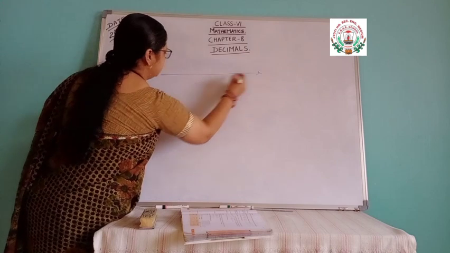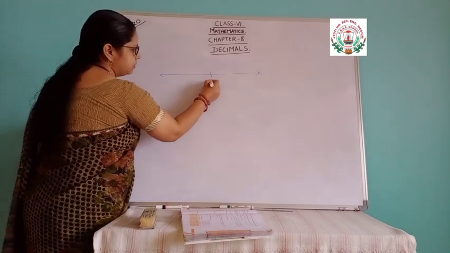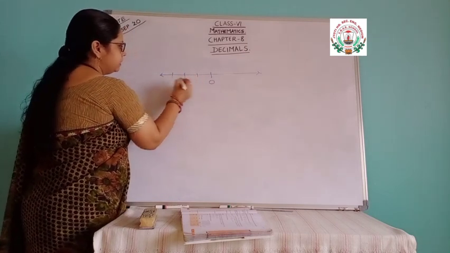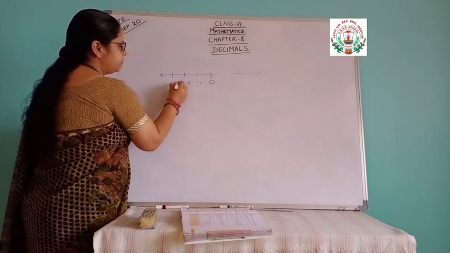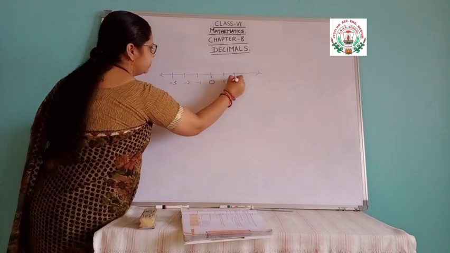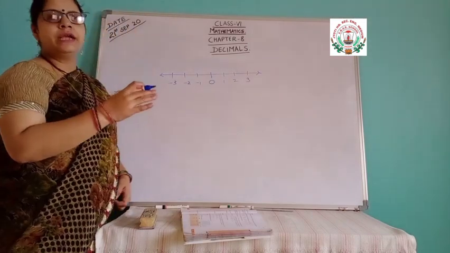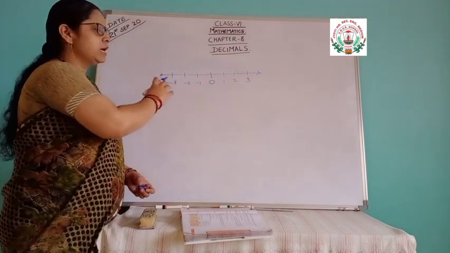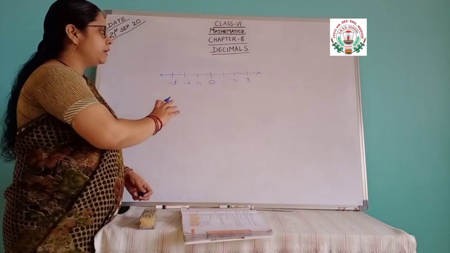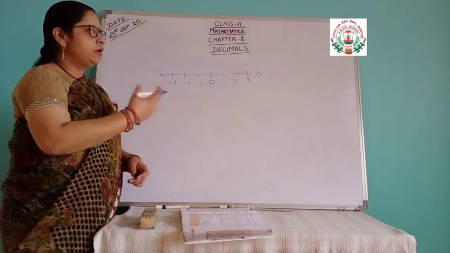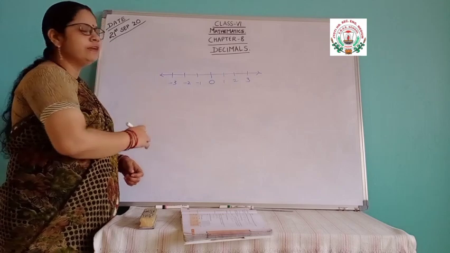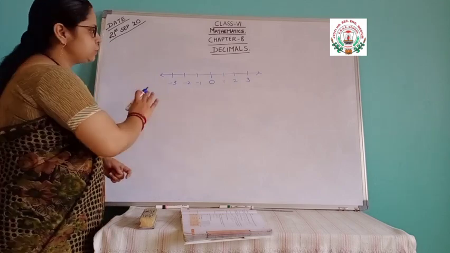The initial understanding you have is that this side negative numbers will be there, and this side positive numbers will be there. The center is 0. The concept you have in your mind is that on a number line the center is 0, the right side is the positive integers and the left side is the negative integers. This much you know.